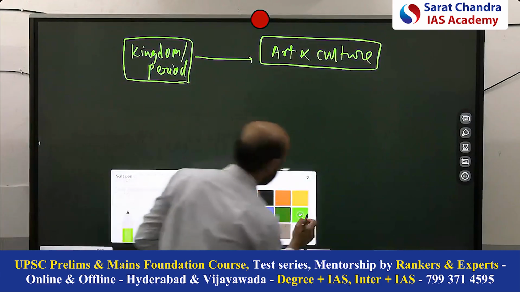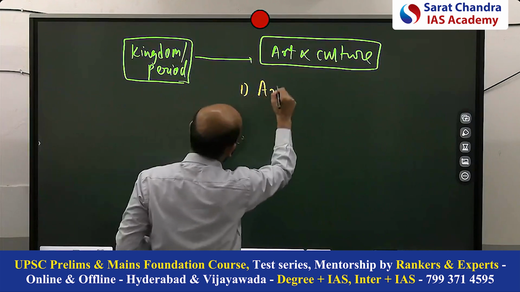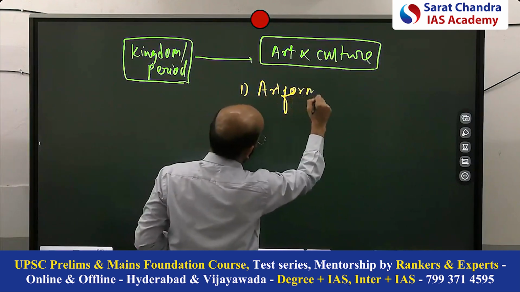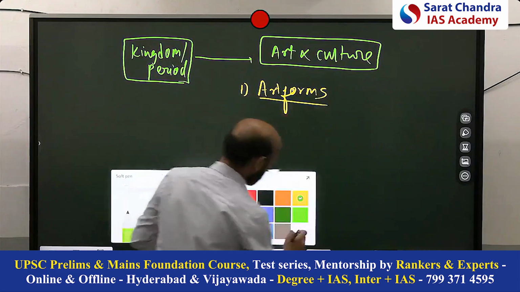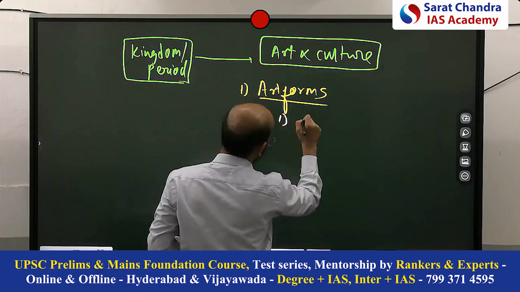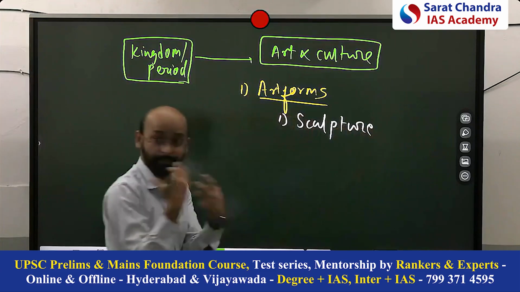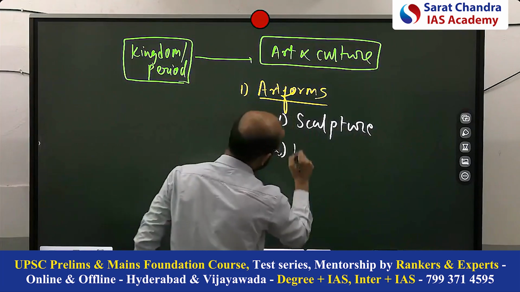Now, how will you divide this? First, we divide as art forms. Again, this art form can be divided as: first is sculpture, more visible. Second, painting.